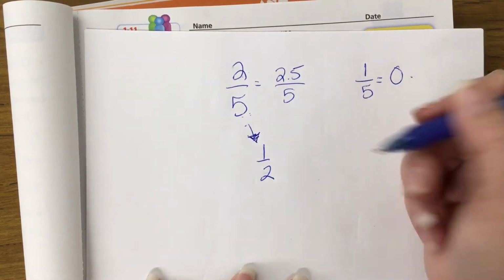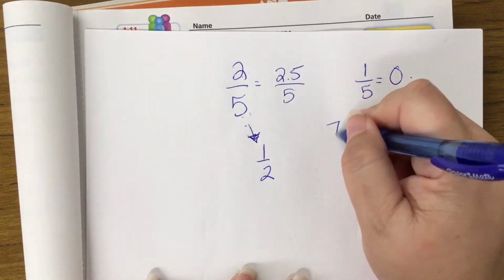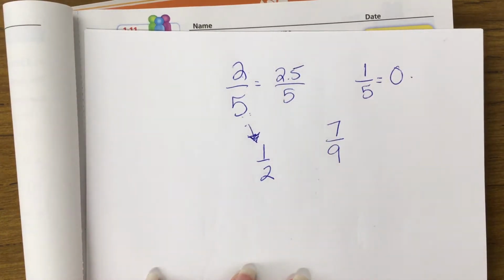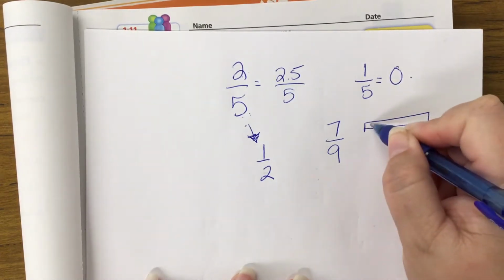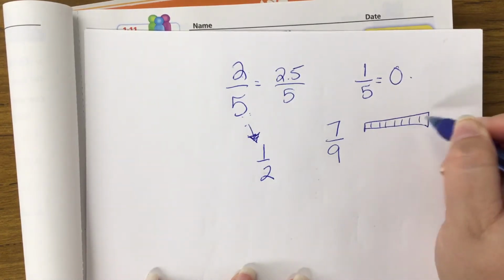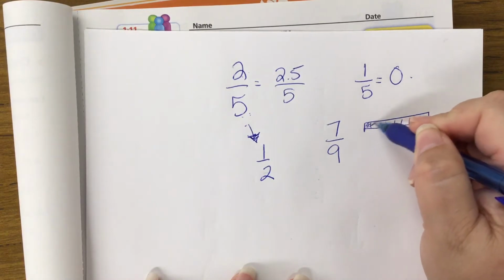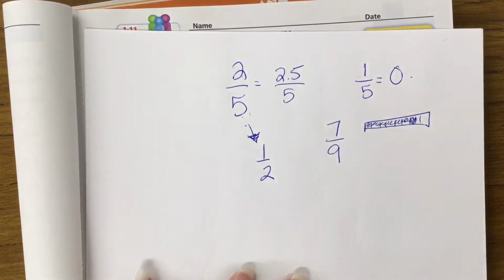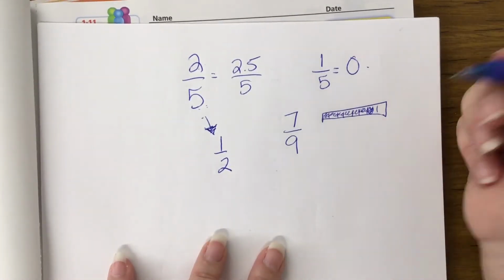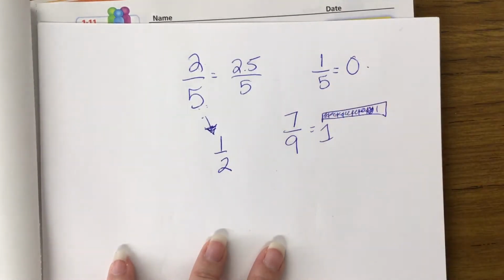Especially if you're adding. Let's take another example. Say 7/9. Well, 7/9, if we colored it in, and you can even draw these things. 1, 2, 3, 4, 5, 6, 7, 8. If I were to color in 7/9, that almost looks like 1. So I could actually say this is close to 1.